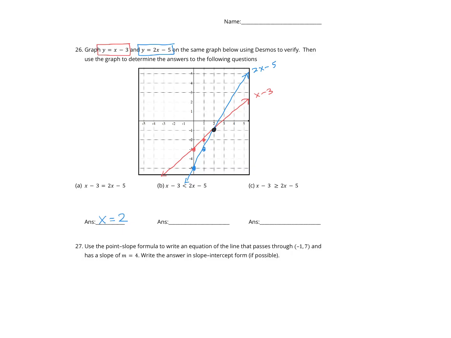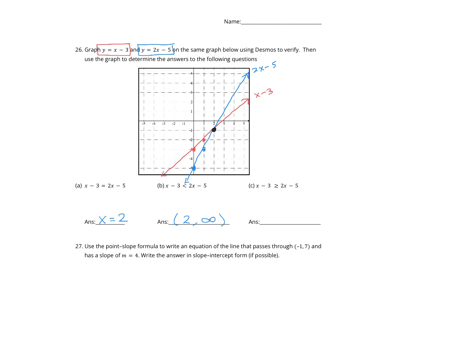So red is under blue when you are on the right side of the graph. So those are going to start at 2 and go on forever. Because we have a strict less than, it is a parenthesis there. And of course, the infinity symbols, they're always going to be that way.